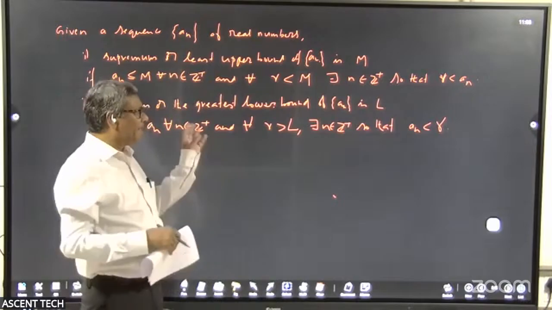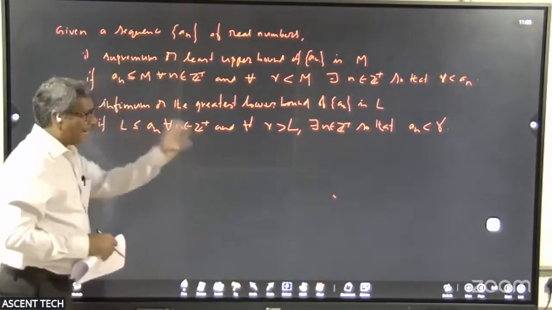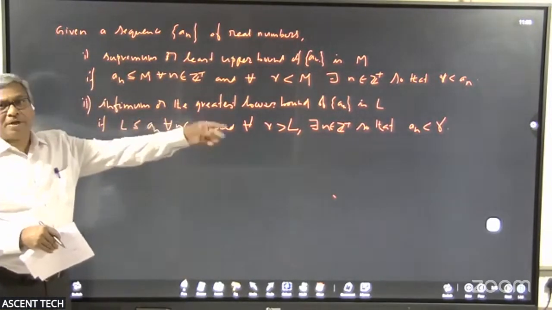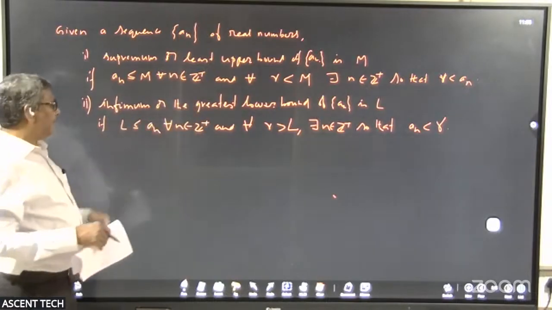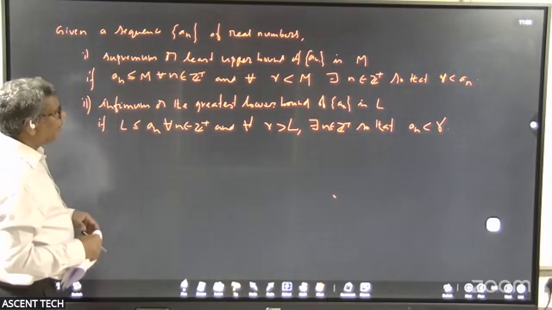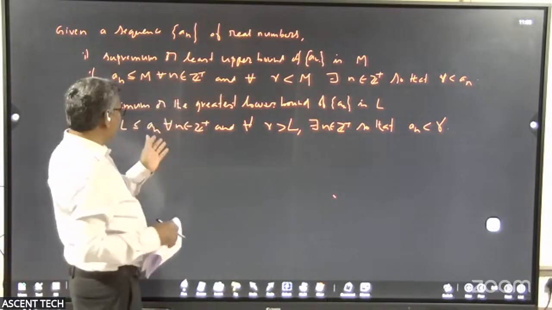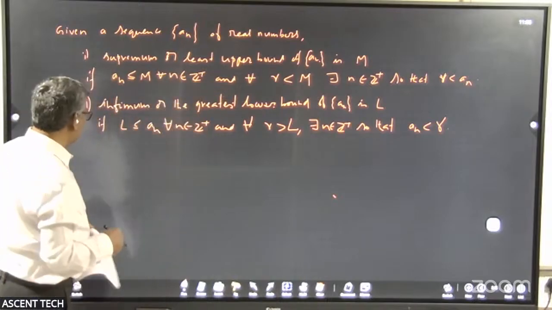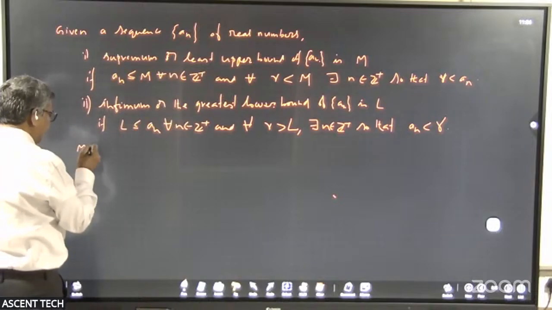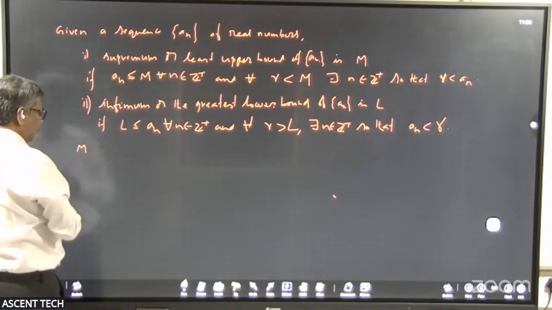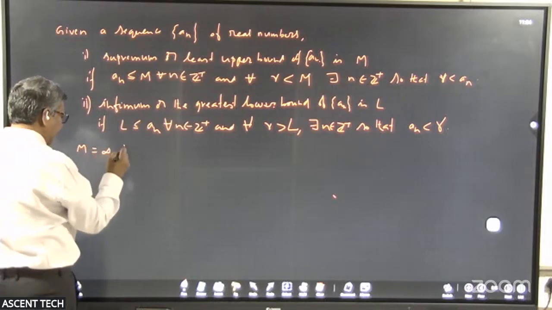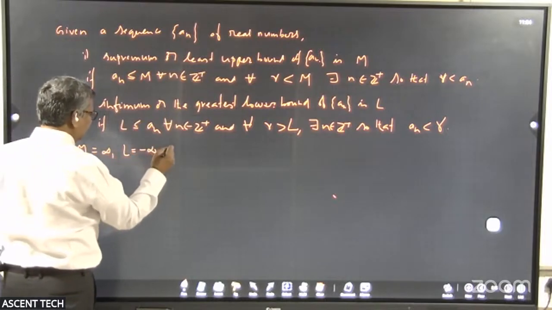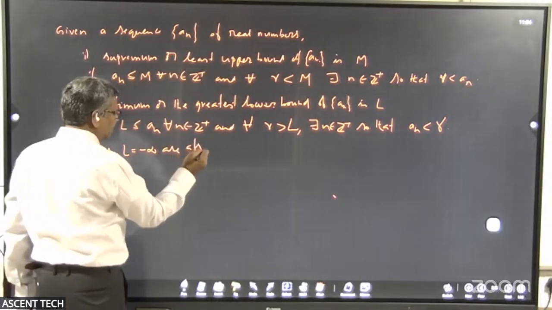Nothing beyond L can be a lower bound because some things will be below R. Okay, this is the definition. So this L can be minus infinity also. M can be infinity too. L equal to minus infinity is also possible in my definition.